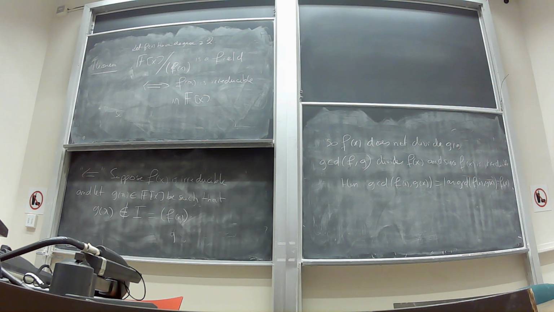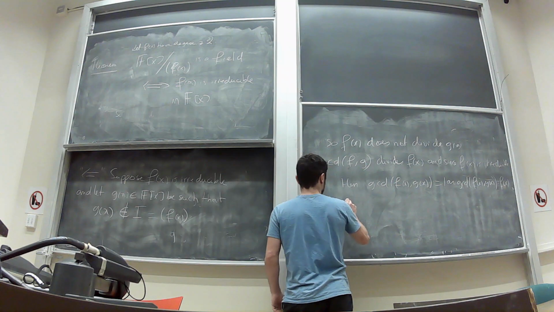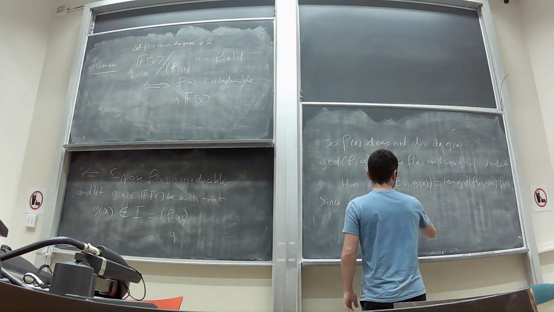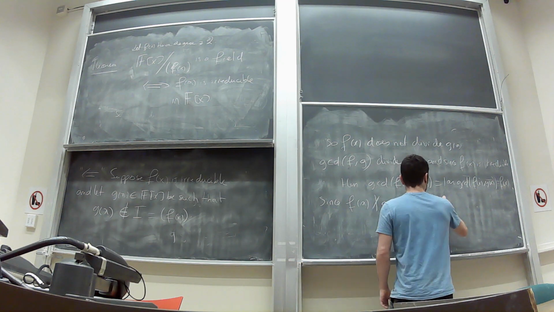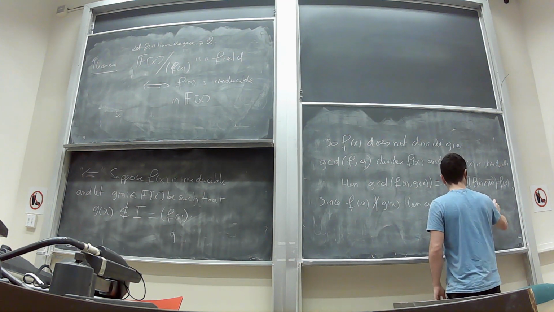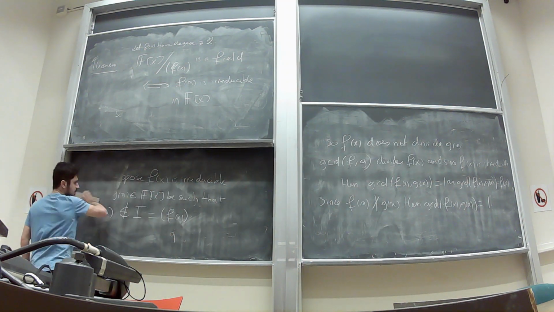Yes? f of x does not divide g of x. Exactly. Since f of x doesn't divide g of x, then the GCD of f of x and g of x is 1. Hence, what can I find? I can find polynomials u and v.